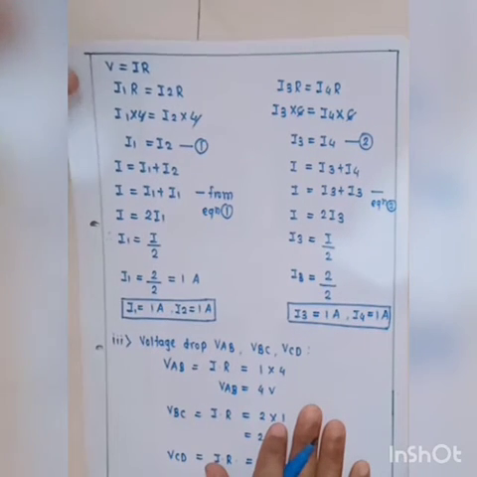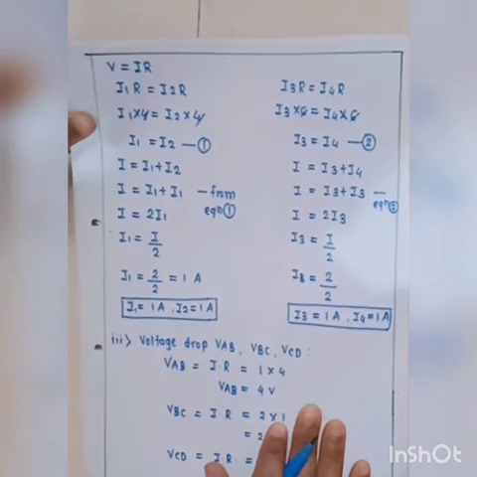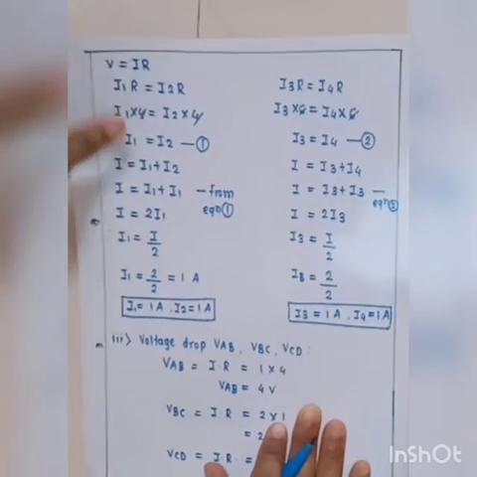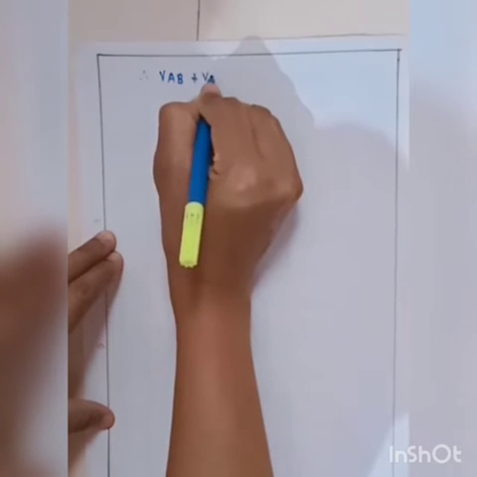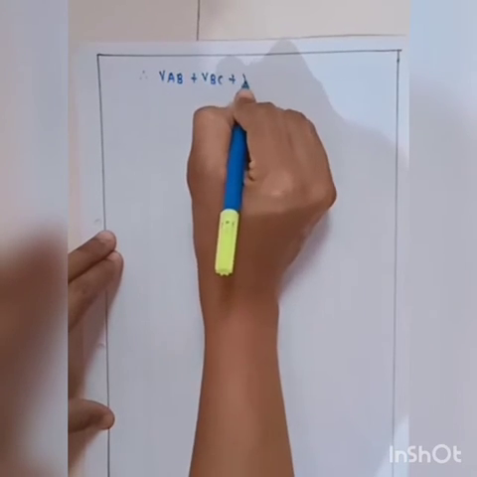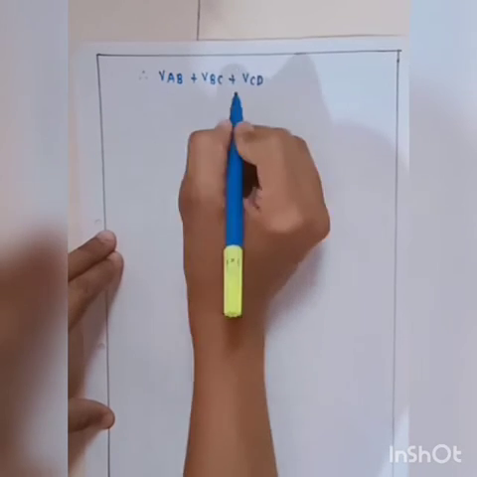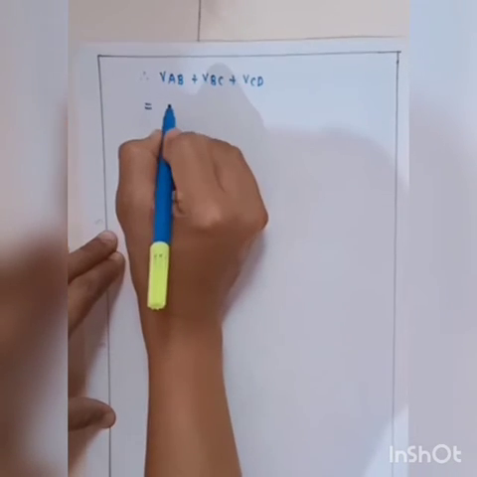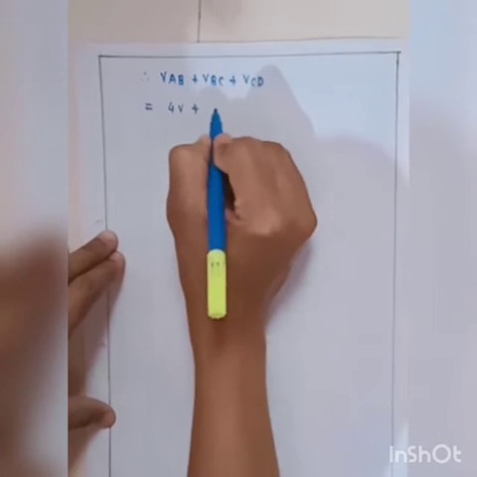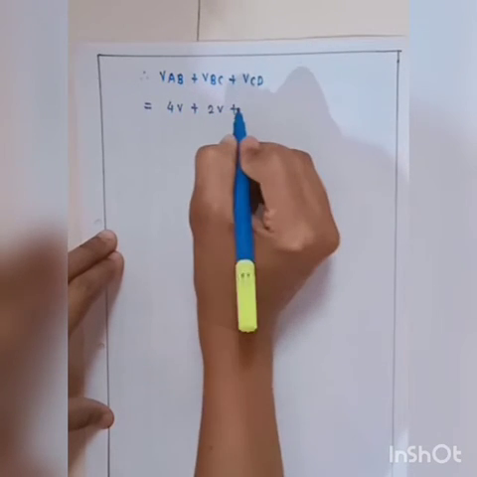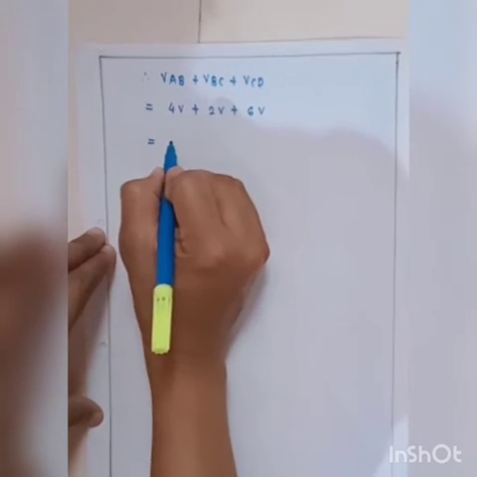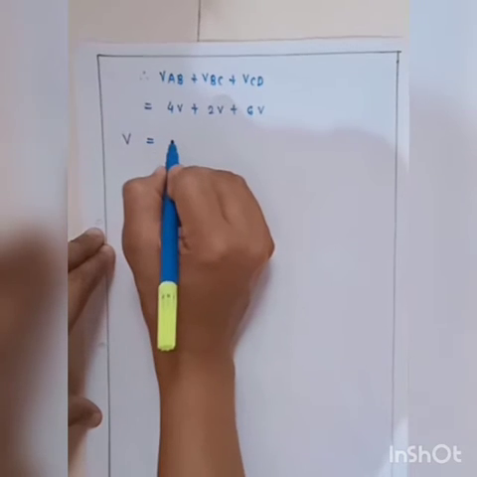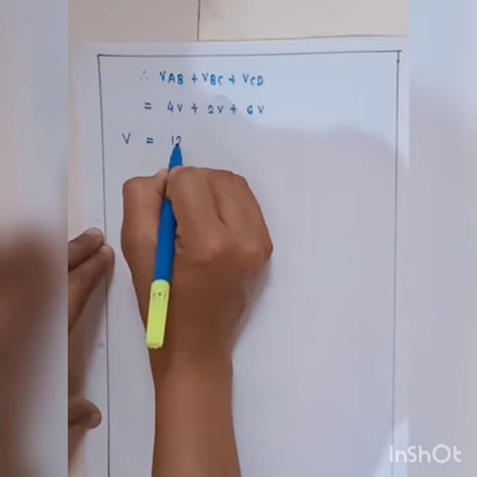So total voltage across these three resistors is VAB plus VBC plus VCD, that is 4 volt plus 2 volt plus 6 volt, that is total voltage across the circuit, 12 volt.